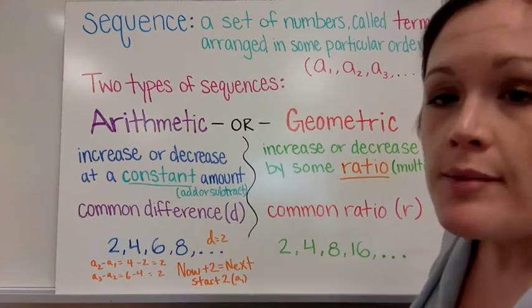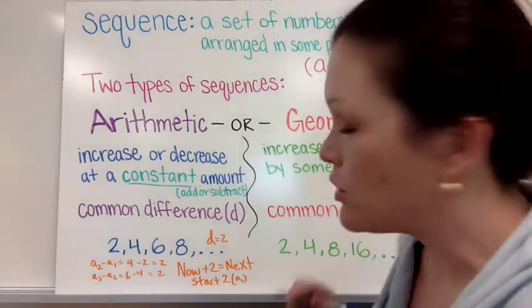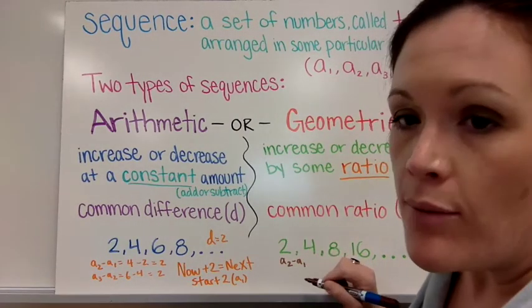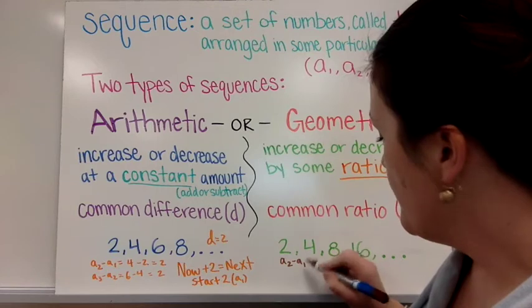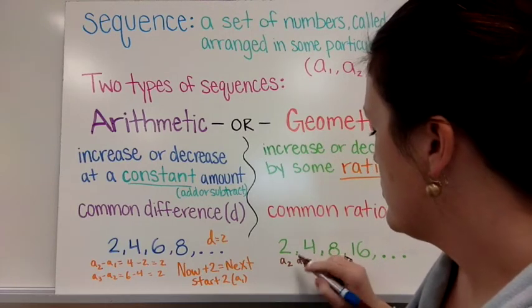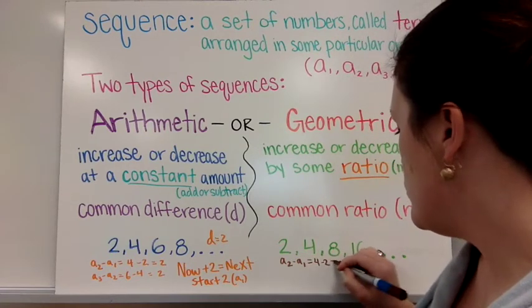So we're looking for a common ratio. It's going to be either multiplying or dividing between each term. So a2 minus a1 is a good way to figure out what's happening. So we could check 4 minus 2 would be 2.